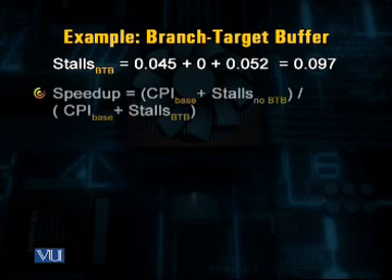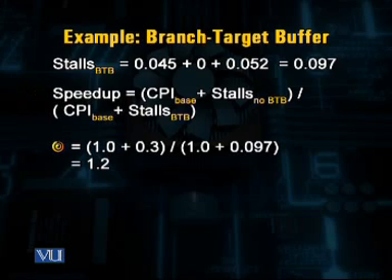Now, with this much information, we can compute the speedup, which is equal to the clock cycles per instruction for the base plus the stalls for no branch prediction buffer, and its value is equal to 1 plus 0.3, divided by the base clock cycles per instruction plus the stalls for the branch prediction buffer, which is equal to 1 plus 0.097.